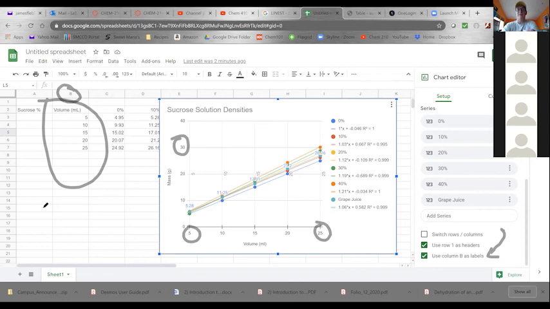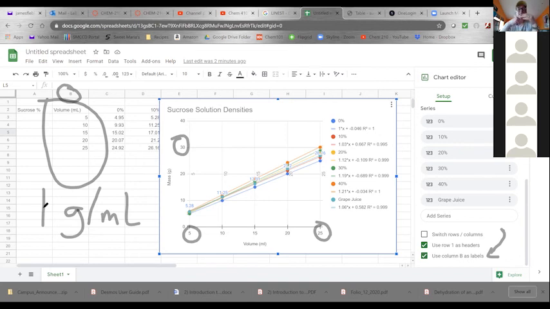So what's my density? 1. 1 what though? 1 gram per milliliter. So for some reason it doesn't have any decimals after it. So I guess we could only record it as 1 gram per mil, which is good though, because that's exactly what we should get. We should get 1 gram per mil.